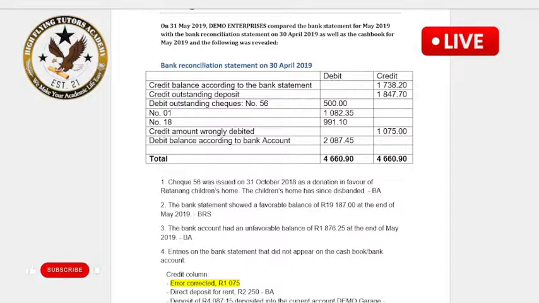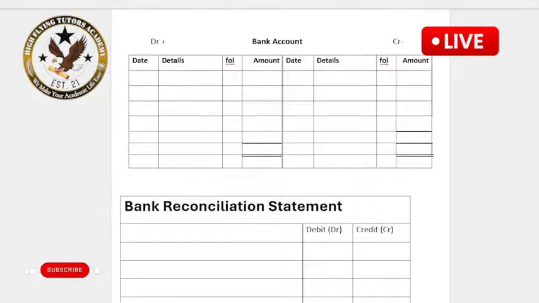So we must go to the bank account, on the credit side, because remember, this is an unfavorable balance, and it must go to the credit side.